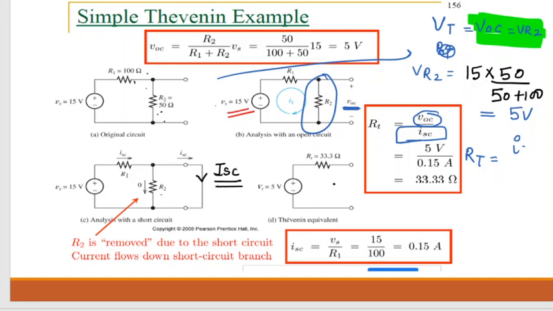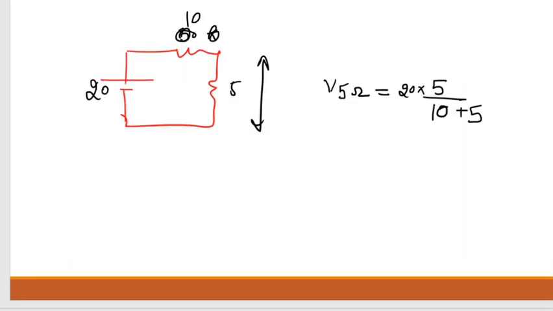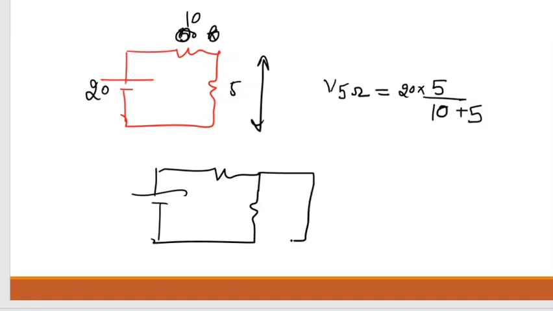They have done it directly, as VS by R1, because current always follows the least resistance path. Suppose you are moving from a battery and need to move back towards the battery.